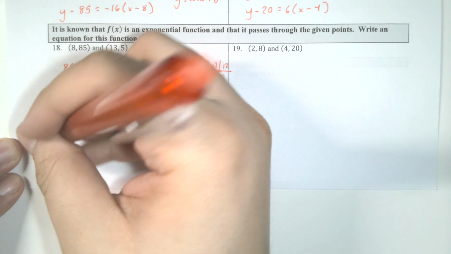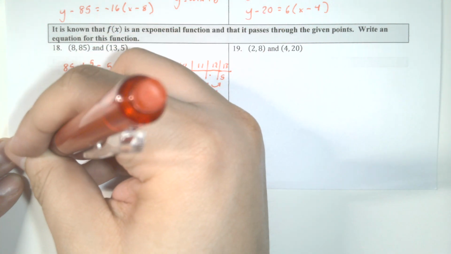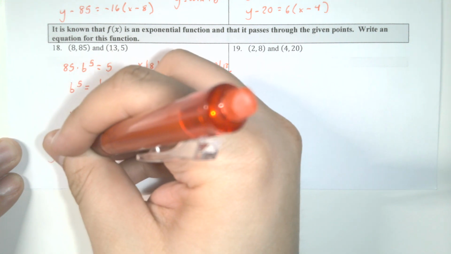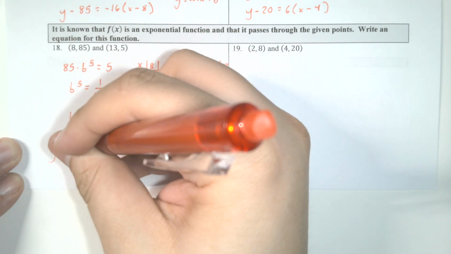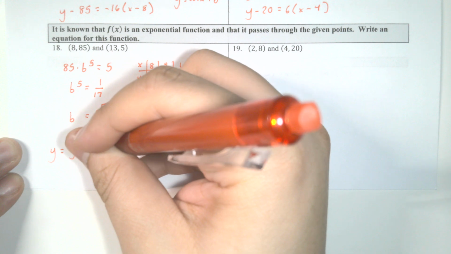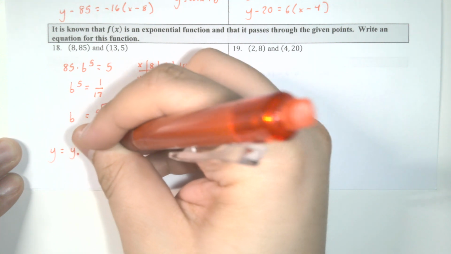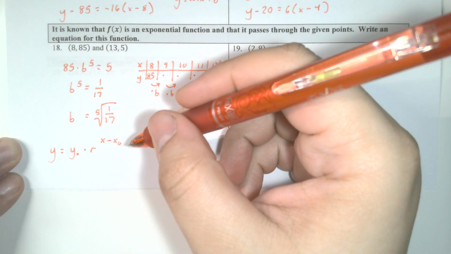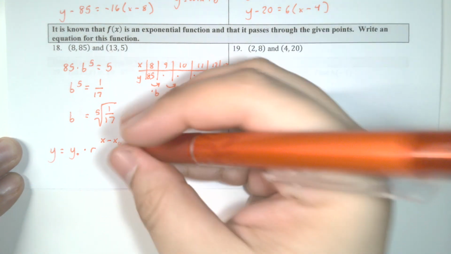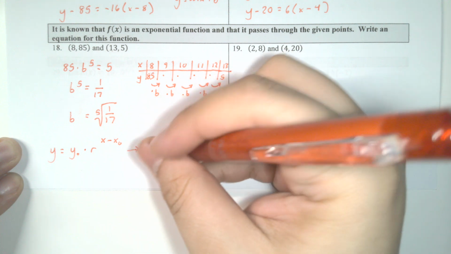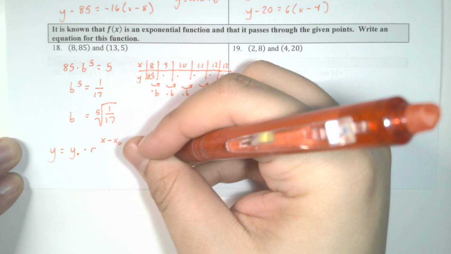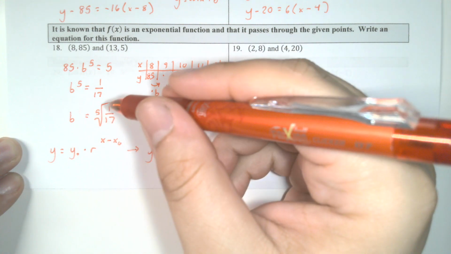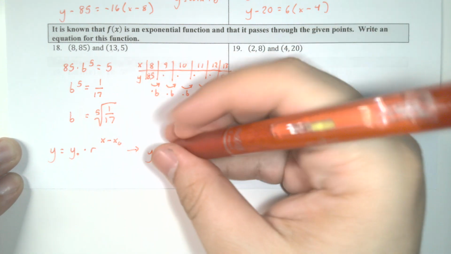So the formula that we're going to use is basically that y is equal to y naught times our common ratio to the power of x minus x naught. And doesn't that look very, very familiar to our geometric sequences? Plugging that in, y is equal to whatever point we want. I'll use 13 comma 5.